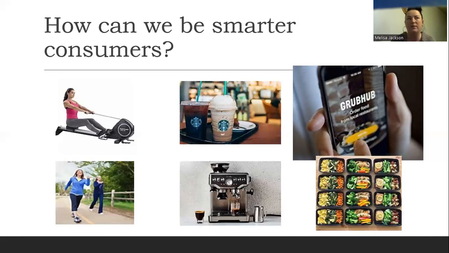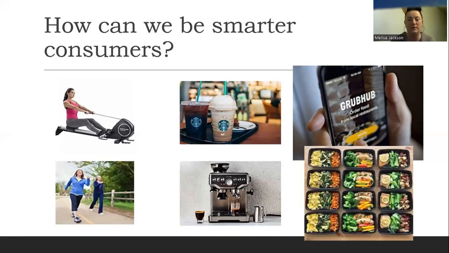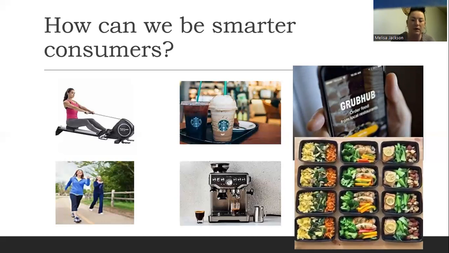So I relied very heavily on Grubhub and places that deliver, when realistically, if I wanted to save my money and be smarter as a consumer, I would do things like meal prep. And I would do things like cooking, eat leftovers and things like that, where I wouldn't be spending a lot of money for unrealistic things.